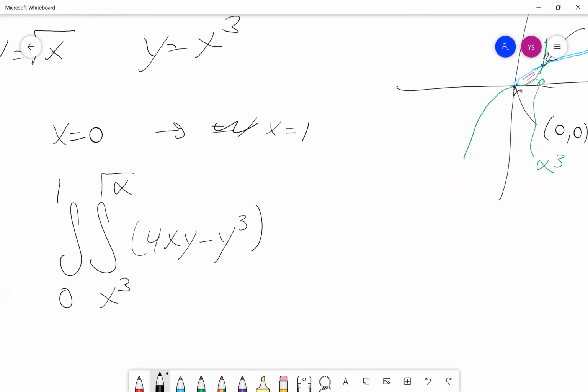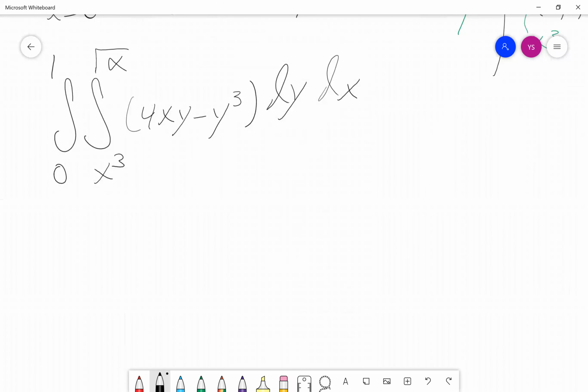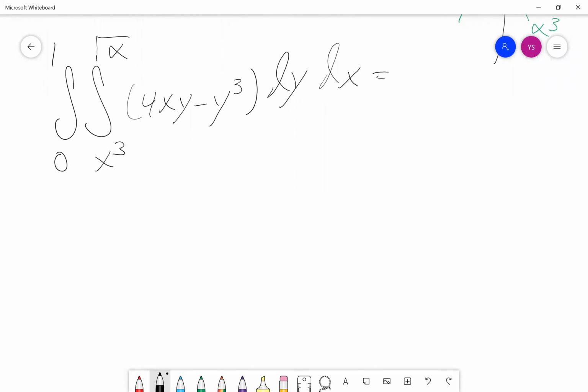And now which one comes first, dx or dy? Dy, and then dx. Okay, so actually evaluating this, we get 0 to 1, x cubed, square root of x.